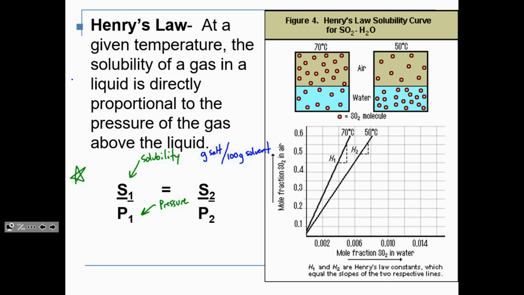And the units of pressure can be kPa, mmHgs, torrs, psi, bars. We have lots of different conversions there. And then, of course, atmospheres. So just as a refresher, 101.3 kPa is equivalent to 1 atmosphere, which is equivalent to 760 mmHgs.